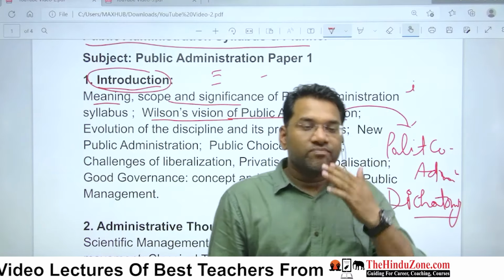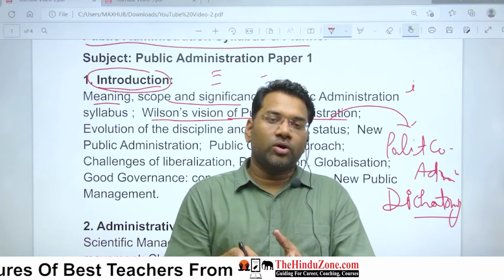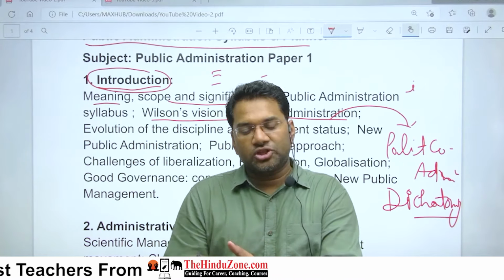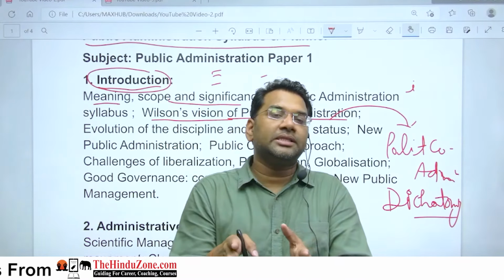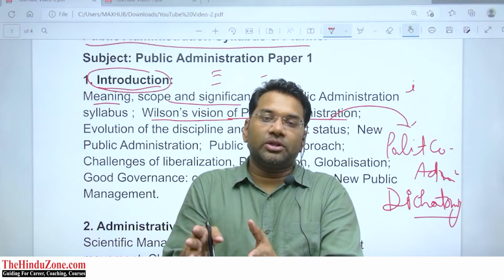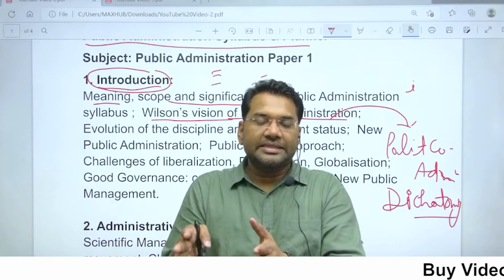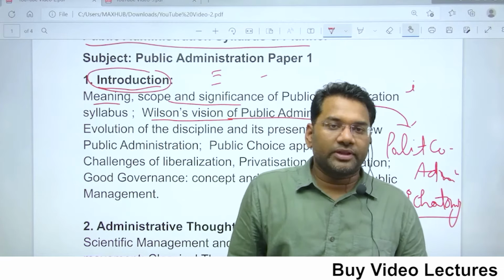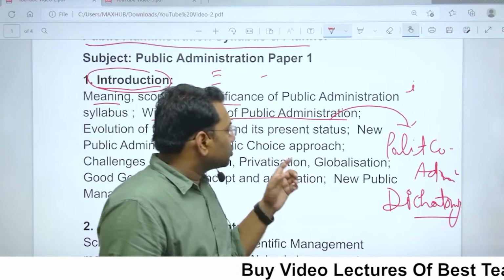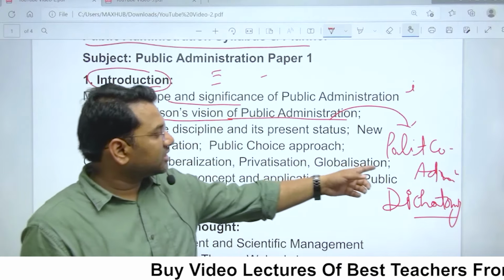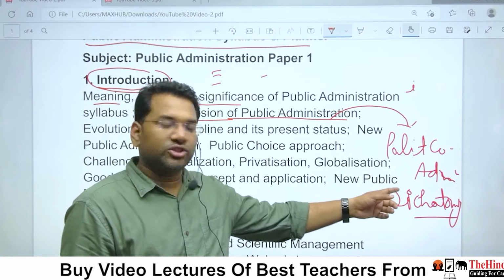That means when the debate was going on about whether public administration is part of political science, or whether all the domains are overlapping, all the studies of public administration overlapping with political science, at this time Woodrow Wilson came up with this theory that is called the Politico administration theory.